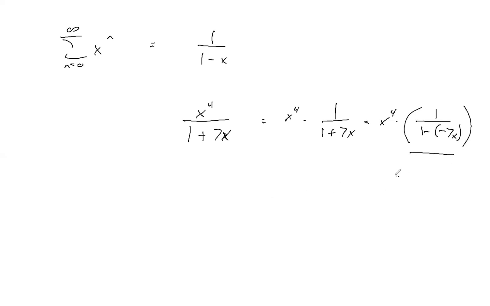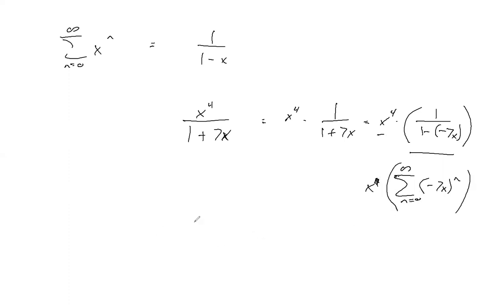I'm just going to replace x to the n with negative 7x to the n. And then I still got an x to the fourth out front, right? That's from here. So I got x to the fourth times this thing.